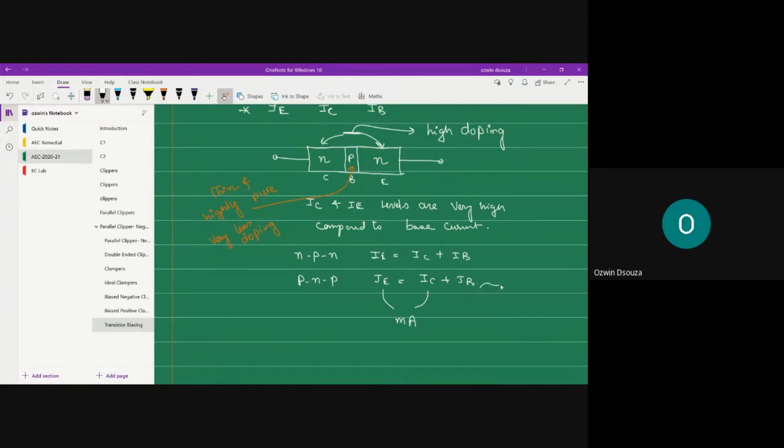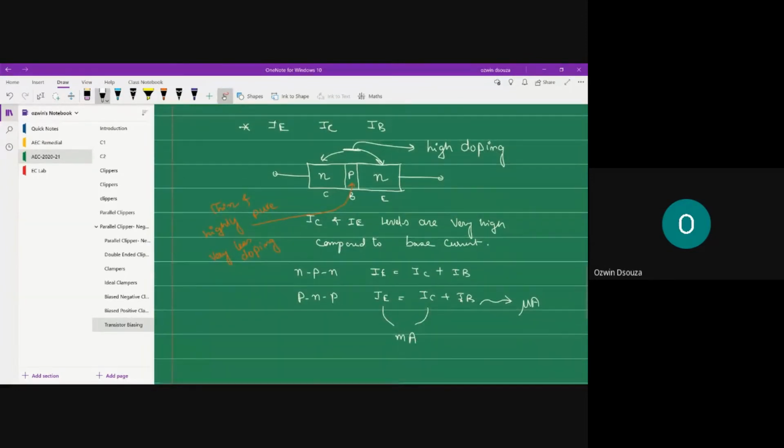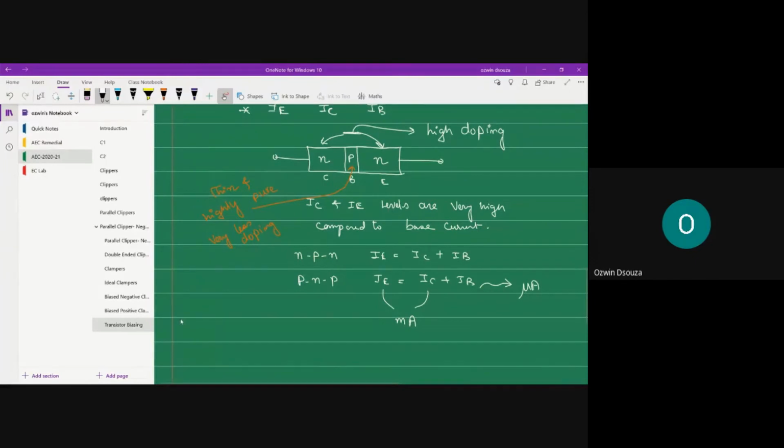On the other hand, the base current normally you will find in the range of microamperes. So you can say that a milliampere is roughly 1,000 times stronger than a microampere. So that's about the current levels in transistors.